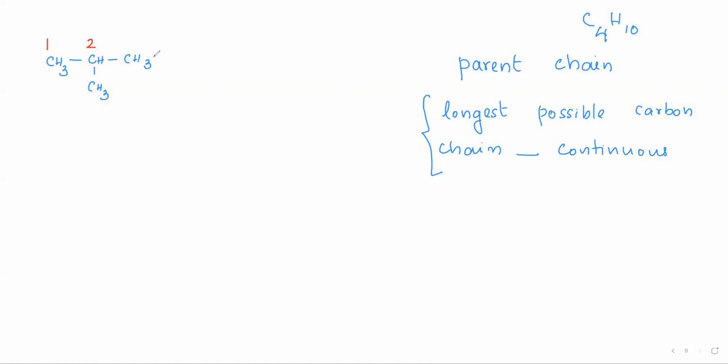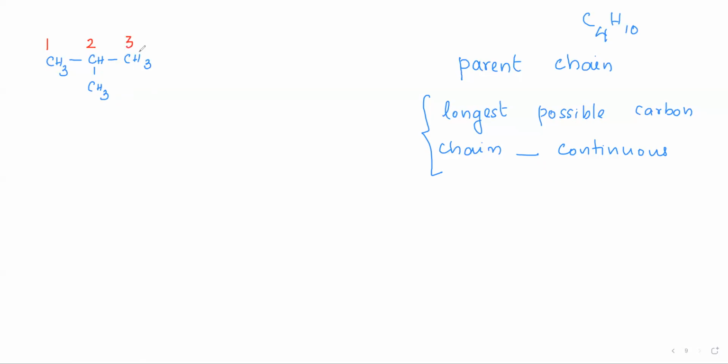One, I can move straight. Second, I can take a right turn. Now, the beauty of this structure is whether I go straight or I go to the right, if I take a right turn, I am getting only three carbons. So let me move straight.